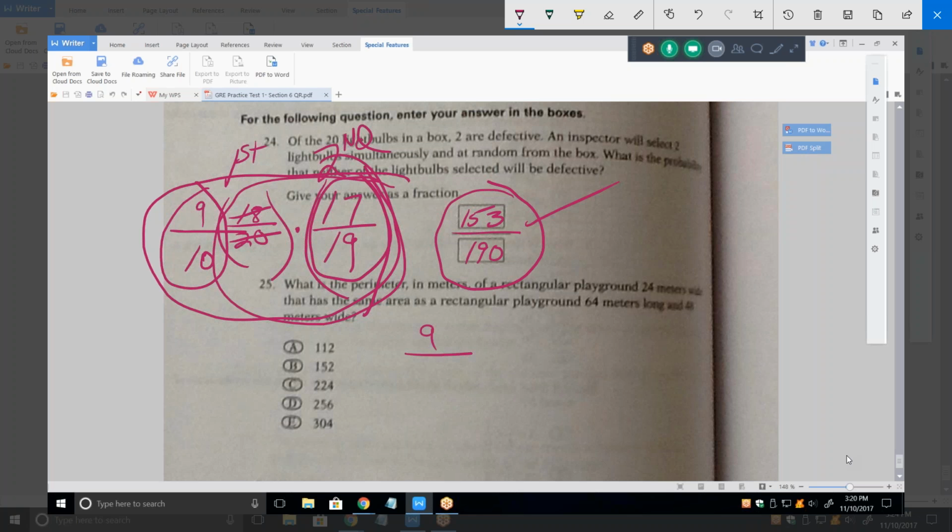If I start with 9 over 10 times 17 over 19, if that were simplifiable, I'd be able to simplify that. Right. And I can't. There's absolutely nothing I can divide top and bottom by. So therefore, I'm even more confident that that has to be correct.